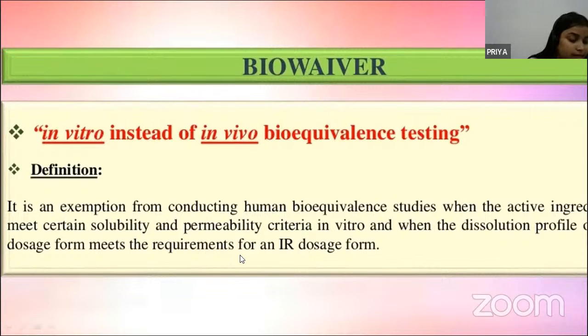That means it is applicable to drug products where the drug substances exhibit high solubility and either high permeability, which is found in class 1st and class 2nd drug, or low permeability.